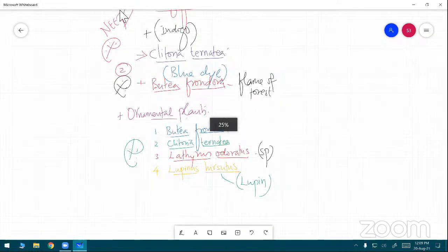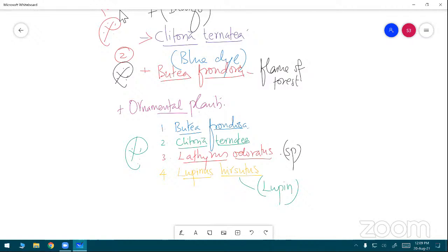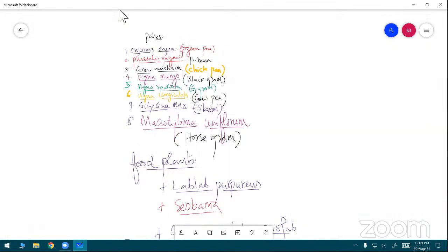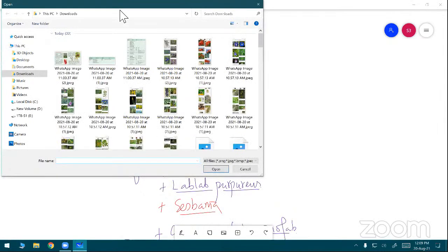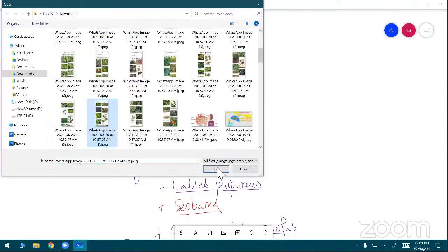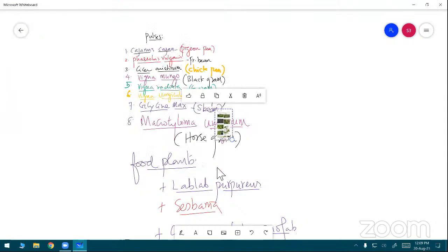Dear students, do you want to see the plants once again? Yes, sir. Cajanus cajan, you have seen. Phaseolus vulgaris, have you seen? Cicer arietinum. This is the first plant.